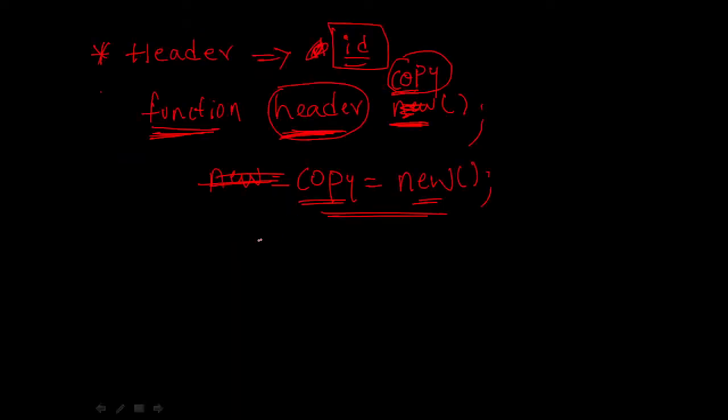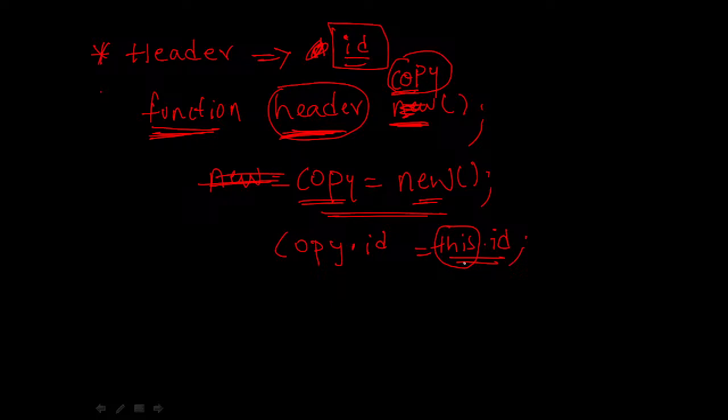Now what we are doing is copy dot id, which is equal to this dot id. So what is happening here? This refers to the local object which is present inside the particular class, which we have declared in the previous session also. Okay, this refers to the local object declared in the local class.